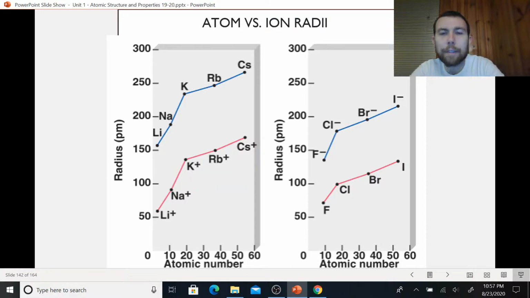And when you look at the anions and their neutral counterparts, notice how the radii increase in size. I like this data because it shows you visually what I was communicating. It's one thing for me to say it, but to show it and put numbers to it really helps solidify that idea.